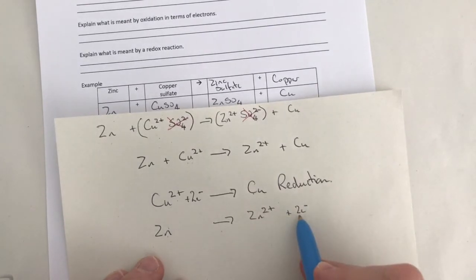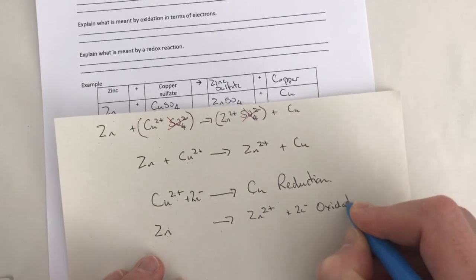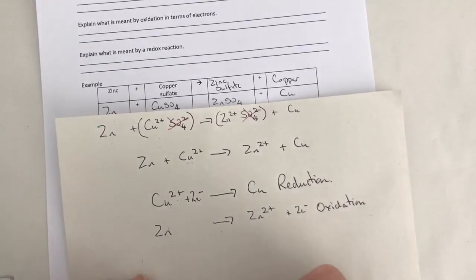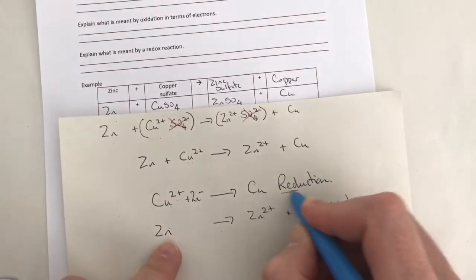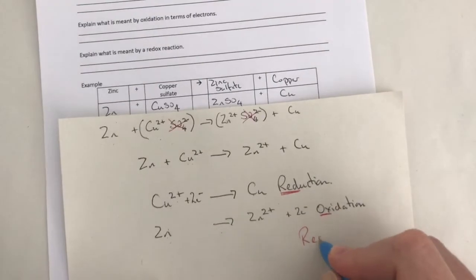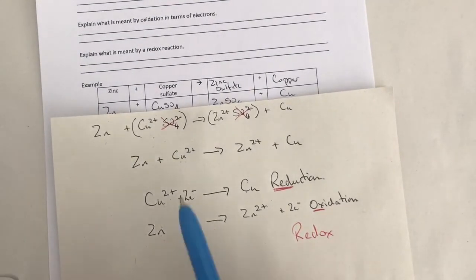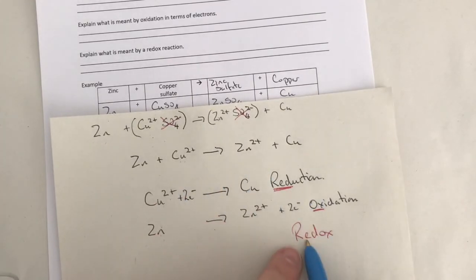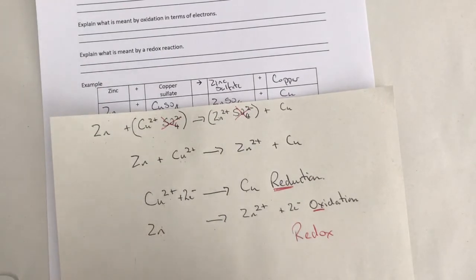If this is being lost, oxidation is loss, so this is an oxidation reaction. And you can see that with these two reactions going at the same time, we have reduction and oxidation, therefore we have a redox reaction. So displacement reactions are examples of redox reactions. They involve the movement of electrons, the transfer of electrons during that reaction.